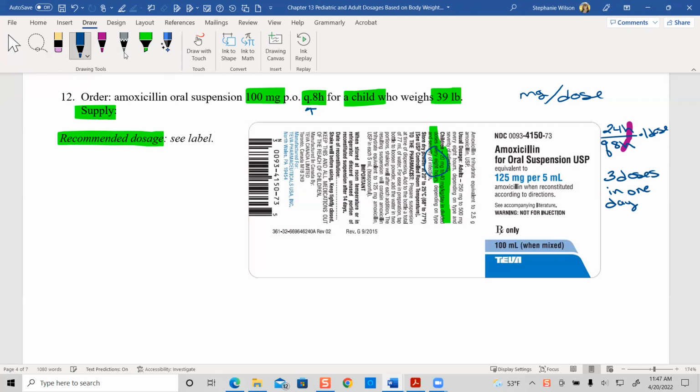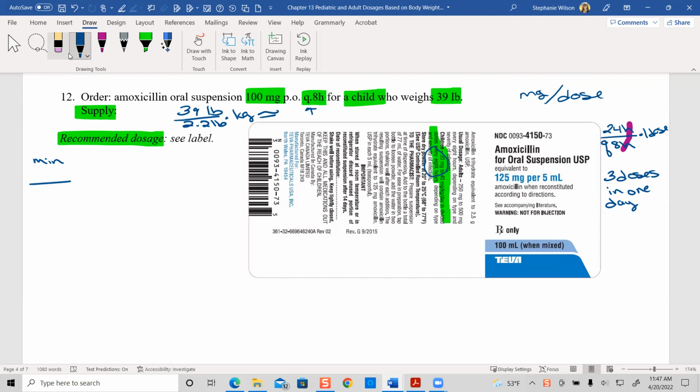Now let's factor in, let's do the minimum. Let's factor in the patient's weight because it says kilograms. So the patient is 39 pounds. I'm not going to solve for their weight right off the bat because if I take that 39 pounds and divide it by 2.2 pounds and then multiply it by kilograms, I could get a messy decimal, and we may round too soon.